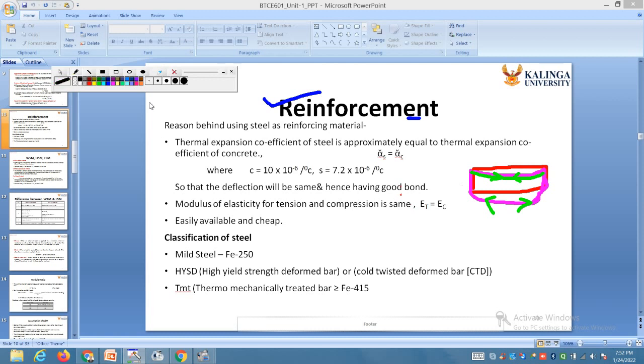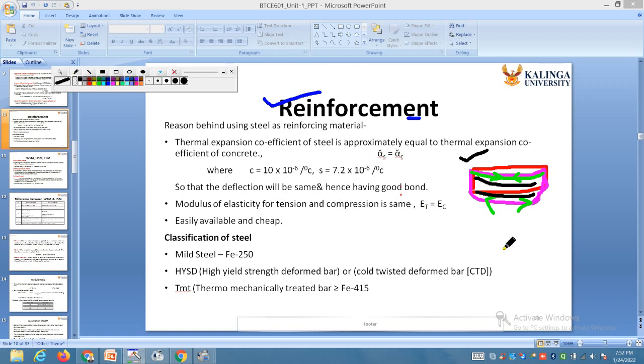We introduce reinforcement. Tensile forces are developed at the bottom, so maximum steel main reinforcement we introduce at the bottom, and minimum reinforcement at the top. So this is the importance of providing reinforcement in any RCC structure.